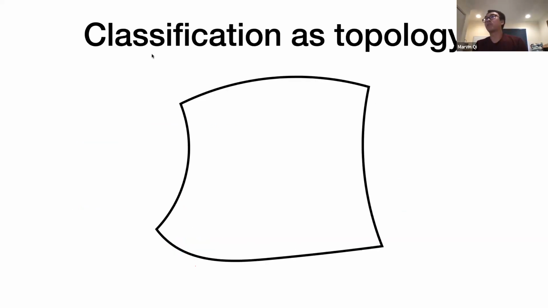So one question that we always have, this might be the starting question, is to try to classify these phases of matter. Let me try to frame this classification question as a topological problem. Here I've just drawn a schematic for the space of all possible quantum systems, maybe all possible ground states of quantum lattice models.